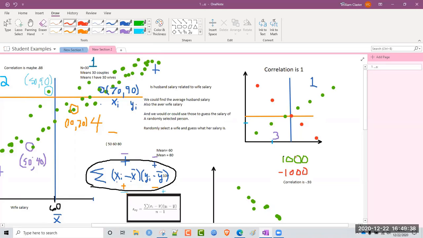But those numbers, 1,000 and negative 1,000, are kind of arbitrary. They depend on how many dots there are, so I don't really want that.